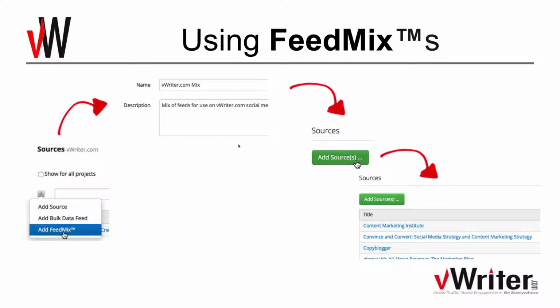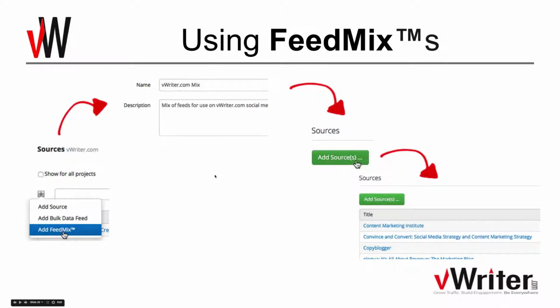And what you can do is add them all into a single feed within vWriter, and then use that as the basis of a publishing channel to auto curate content out, which we'll have a look at soon, or to do things like drag and drop posting as well, which we'll look at too. So it can be really useful to have all these feeds in one source of content you can then use.